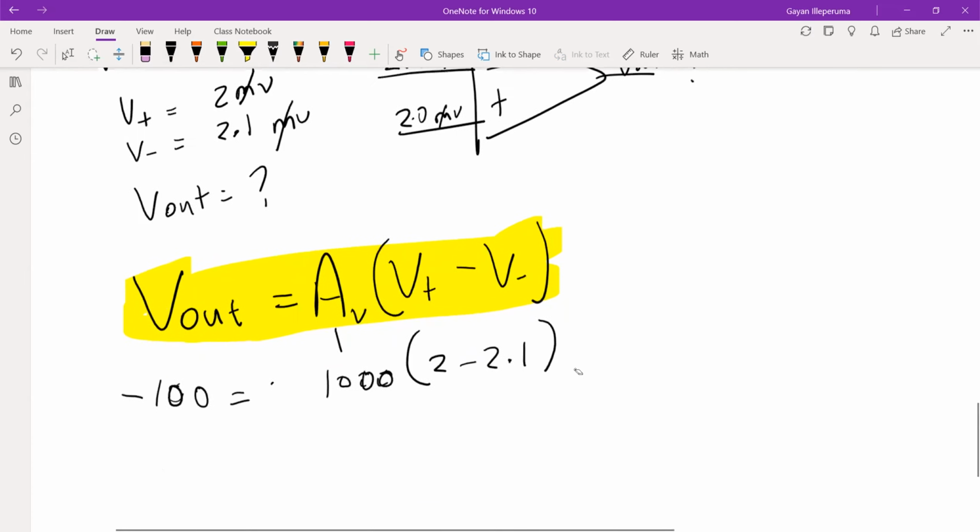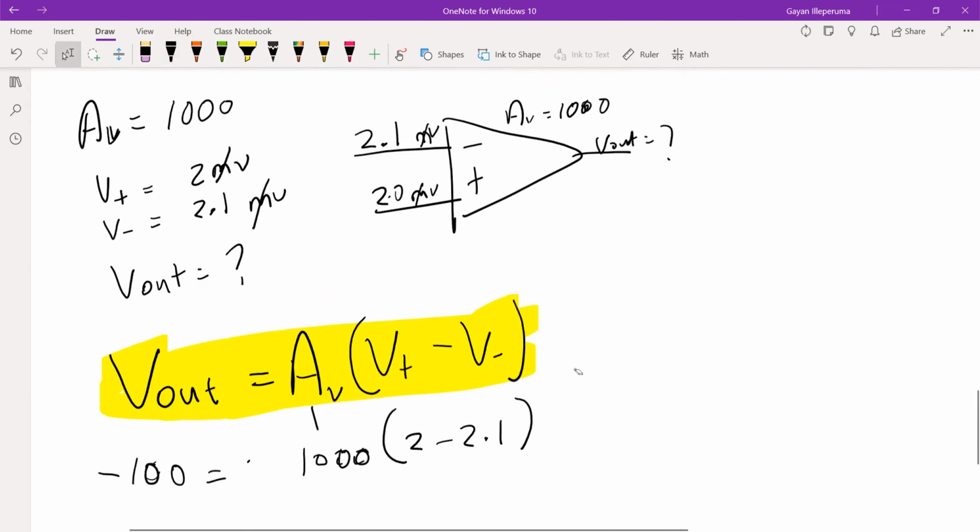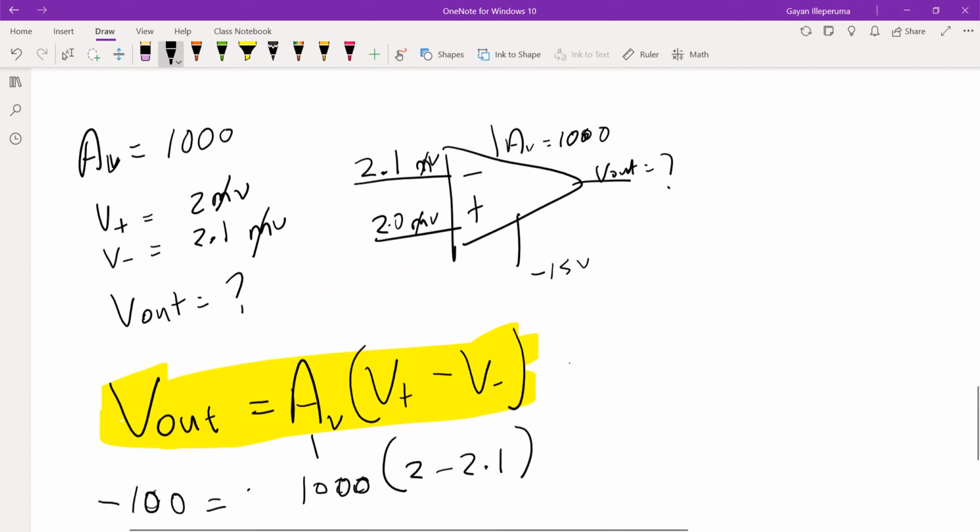As Pathum pointed out, let's say you have this particular op amp powered by minus 15 volts to plus 15 volts. Now, op amp cannot generate voltage beyond its supply voltage. Op amp cannot generate voltage higher than or lower than its rail voltage. We call them rail voltage.